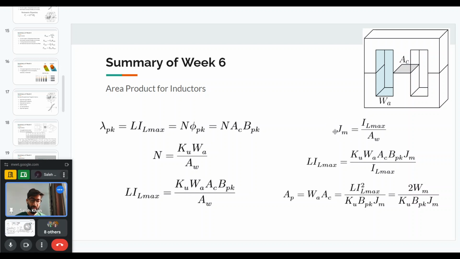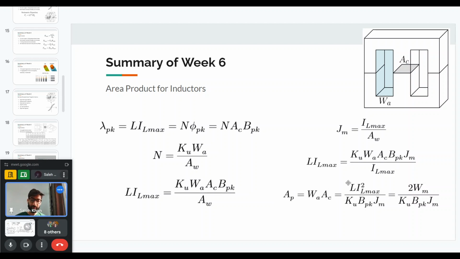Current density J will be given by the peak current divided by the wire area, and then we can use this expression to substitute AW in our original expression. So we will get this equation for L times Imax, and if we rearrange this equation, we can find the area product, which is the window area times the cross-sectional area of the core.